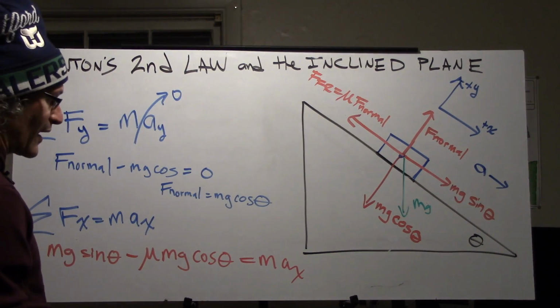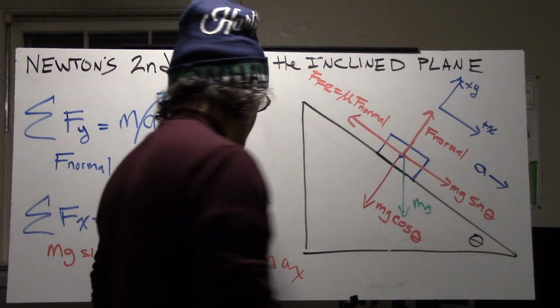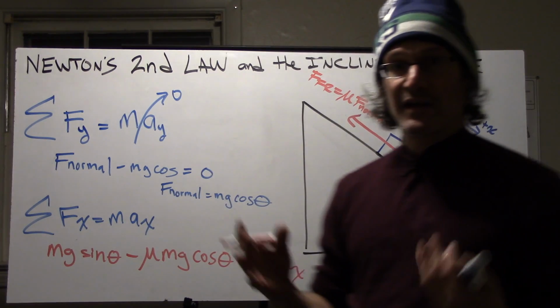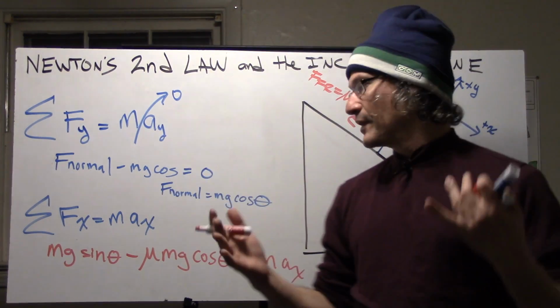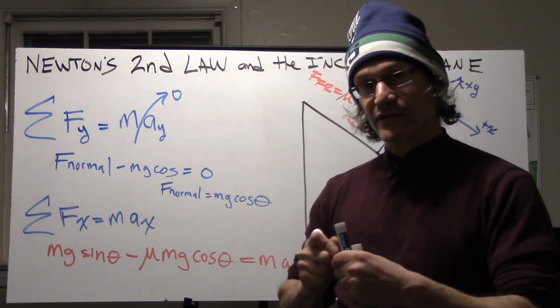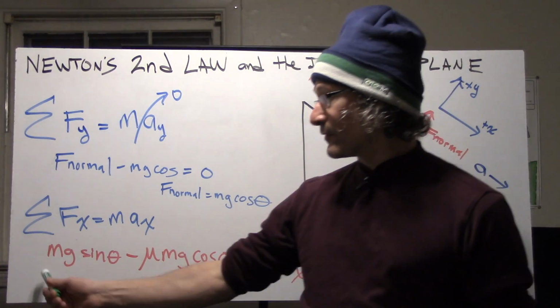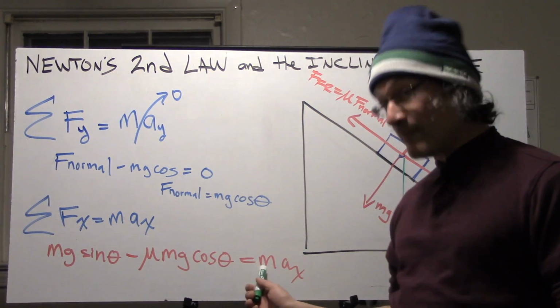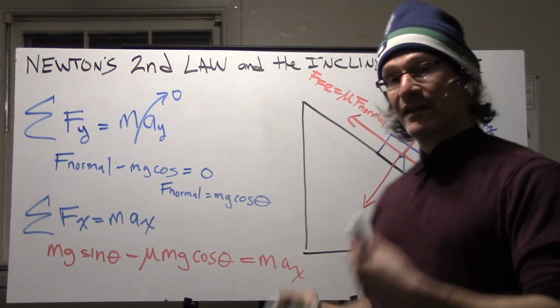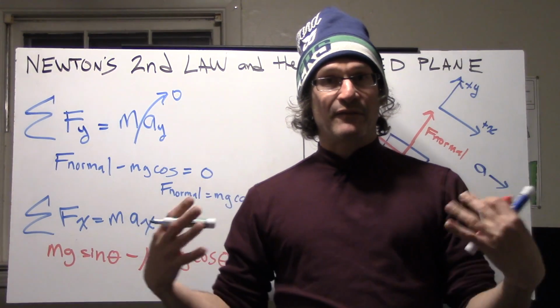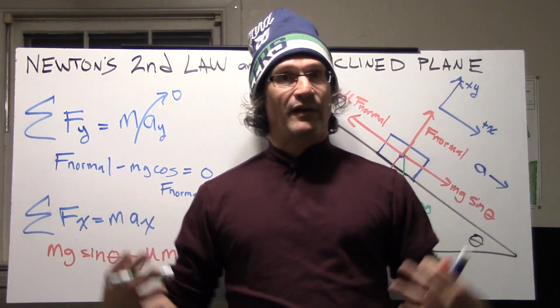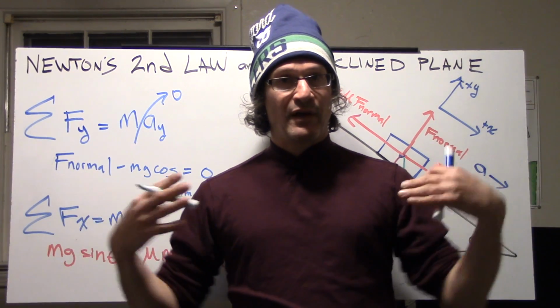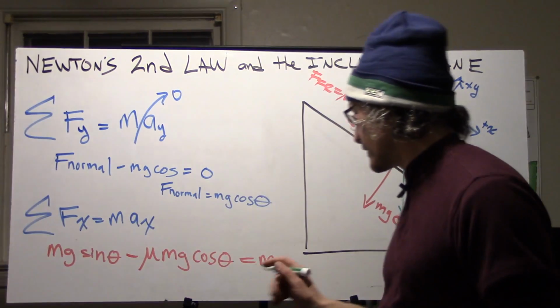So if I want to figure out what ax is, I realize that it's not a function of the mass at all. Look at this. Every term has a what in it? Okay? Just like any falling object that we've seen, it's not a function of its mass. A heavier object does not fall faster than a lighter object, barring the air resistance and other factors, right?